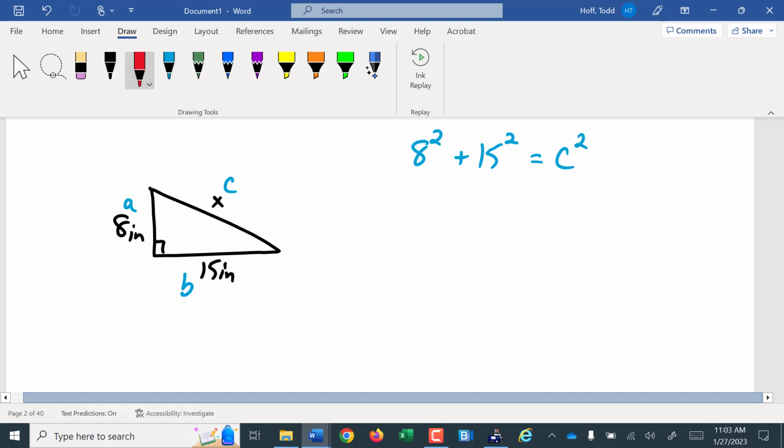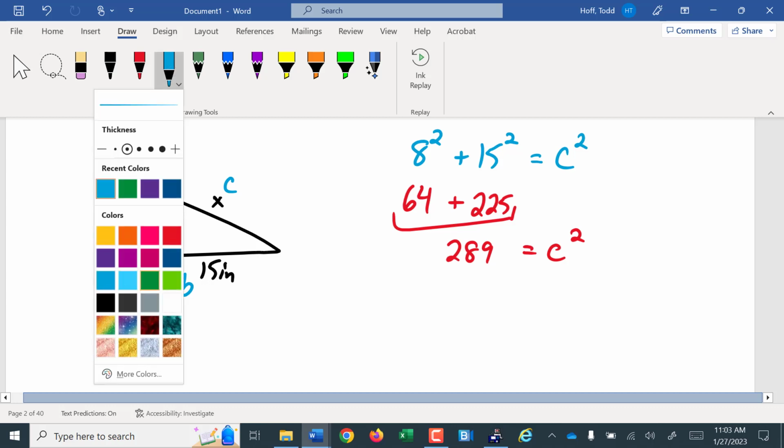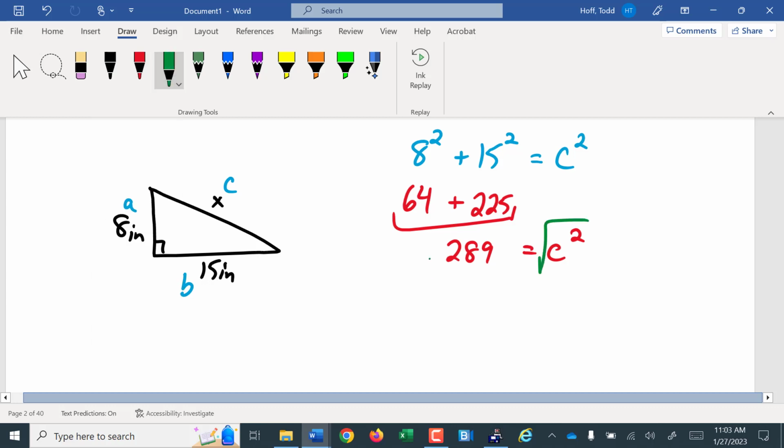What is 8 squared? 64. 15 squared? 225. If I add those together, I get 289. Now that equals C squared. So how do I find C? Square root. Square root of 289 is 17. So C is 17.